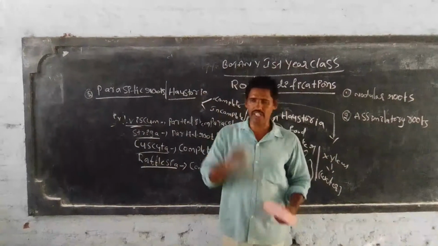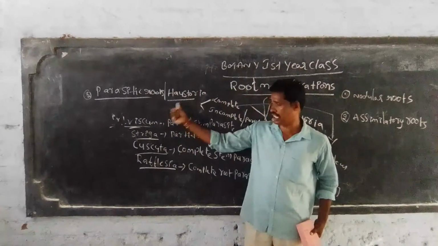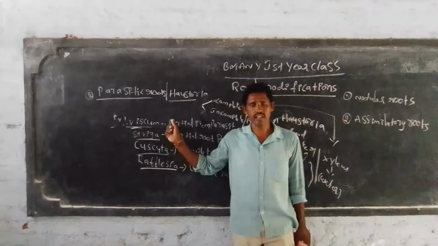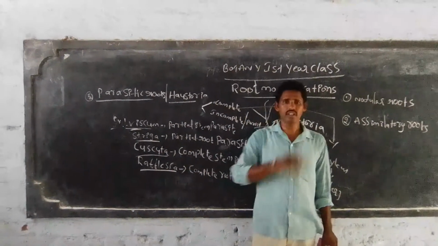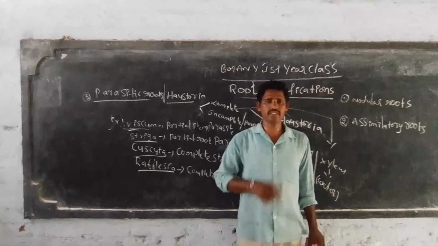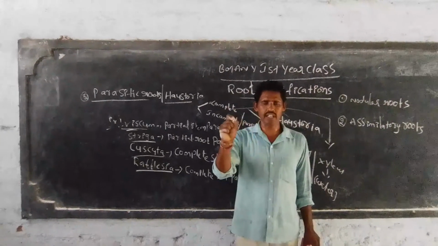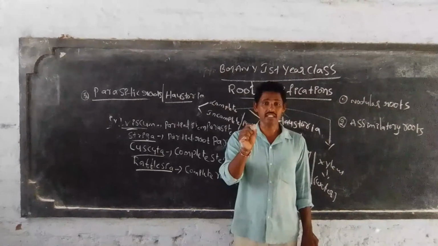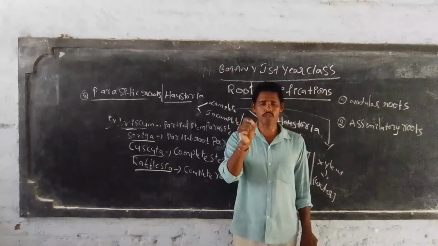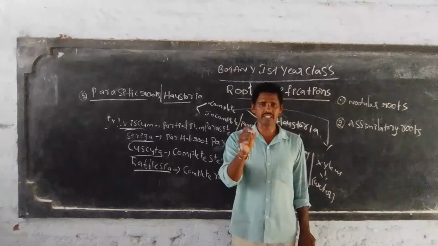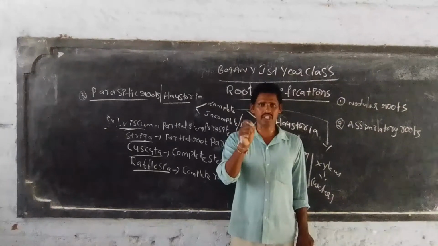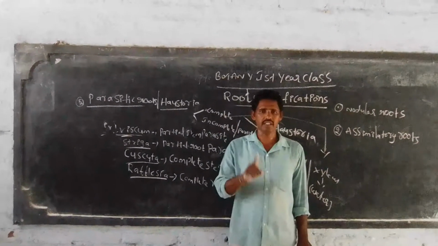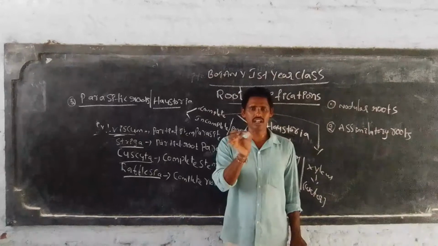Again, root modification: parasitic roots. The plants which depend on other plants for water and food are called parasites. A parasite takes food and water from the host plant and gives special roots into the host body, called Haustoria.